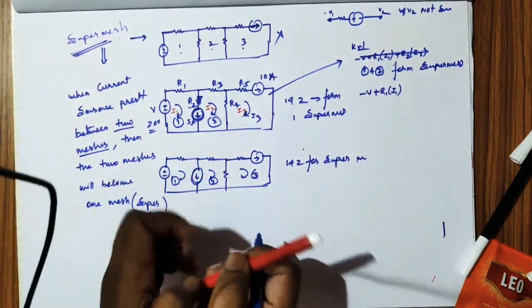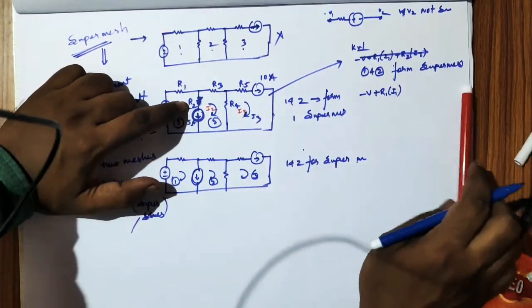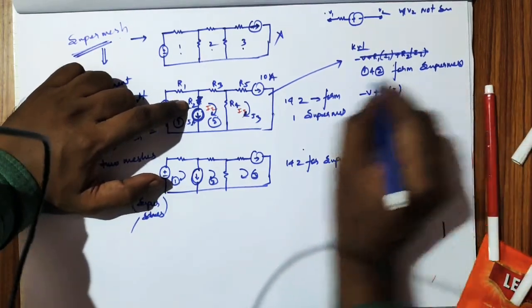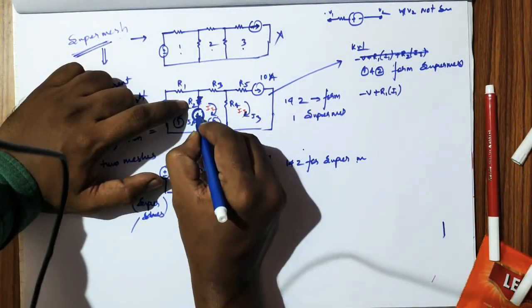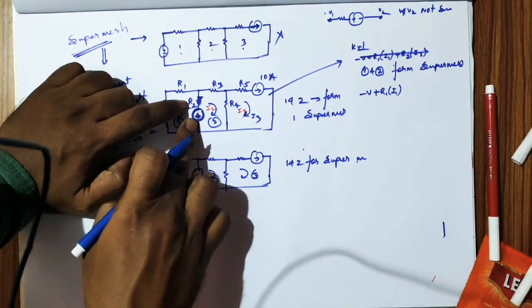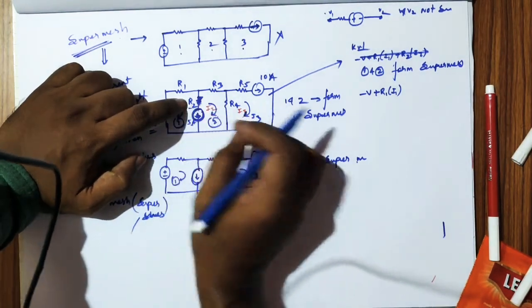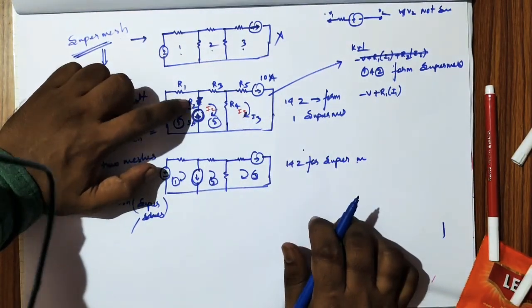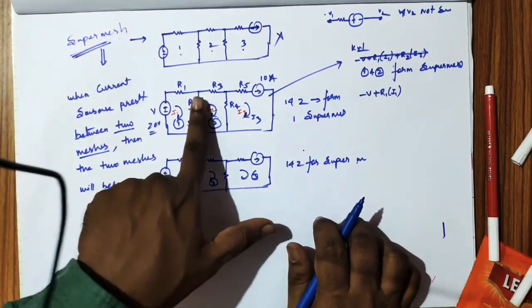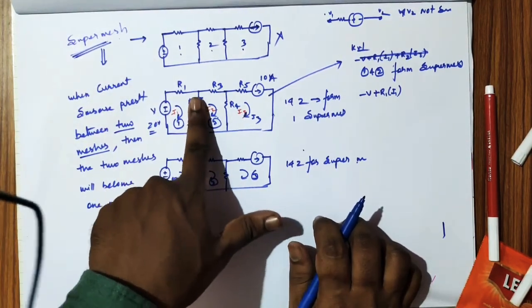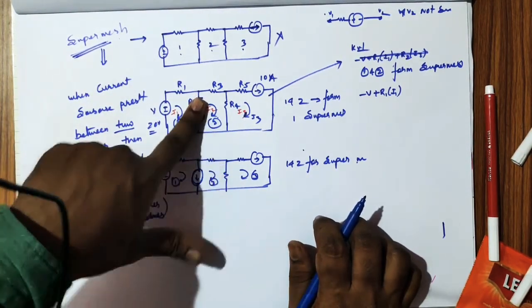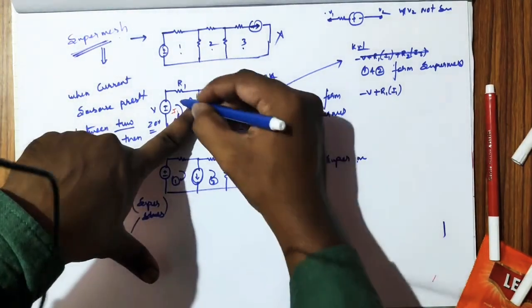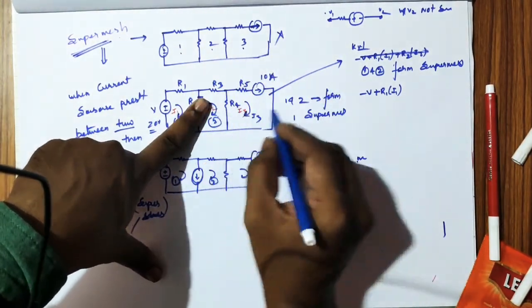Now don't consider R2. While doing the super mesh, the current source present here, you are not involved with it. We need not find the voltage across R2. Isolate this. If these elements were not there, this entire mesh 1 and 2 forms one mesh, that is the super mesh.